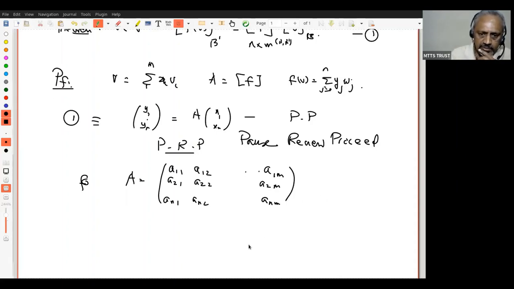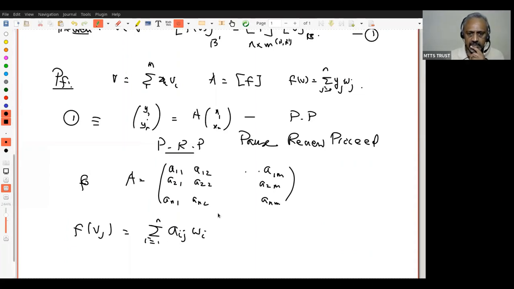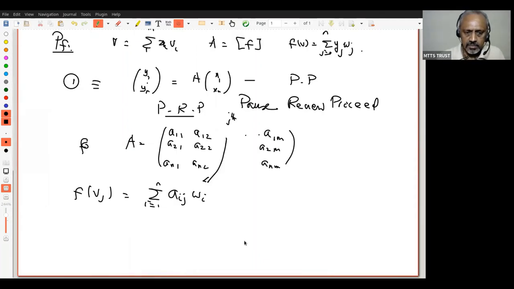So what does this thing stand for? Again, let's recall. F of vj is nothing other than summation aij wi, i equal to 1 to n. These are the things which constitute the jth column. This is the jth column, and the jth column corresponds to this. Please remember all these things because we are going to go a little fast.